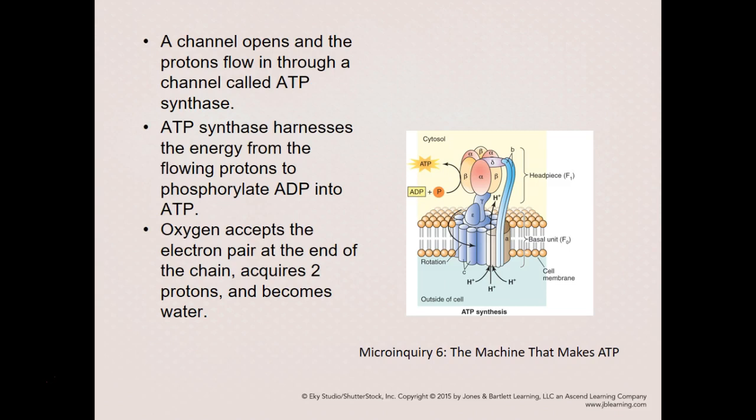And so they're going to flow through the one protein that allows them to. They flow from higher to lower concentration down through an ATP synthase molecule. And as they do that, they activate the protein. The protein spins and produces ATP from ADP.